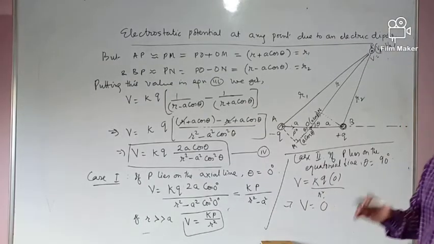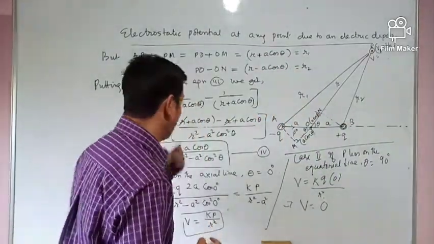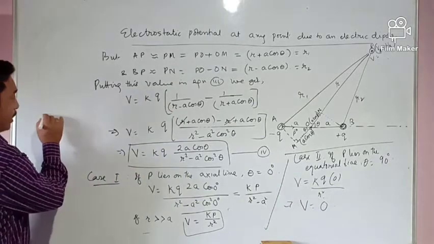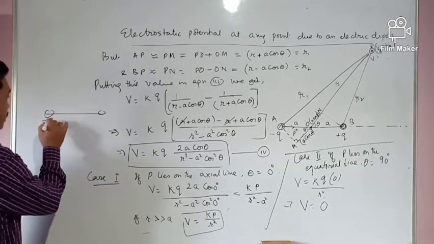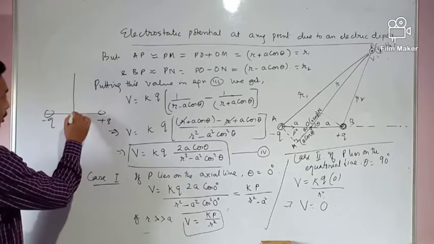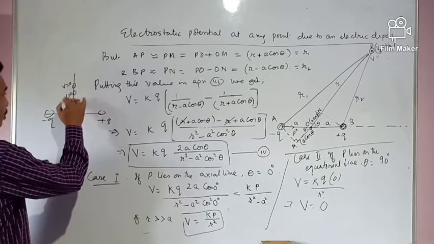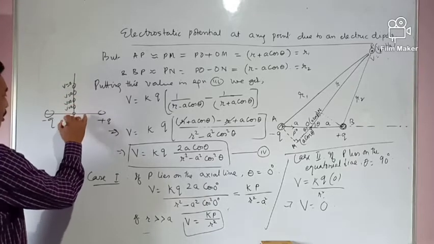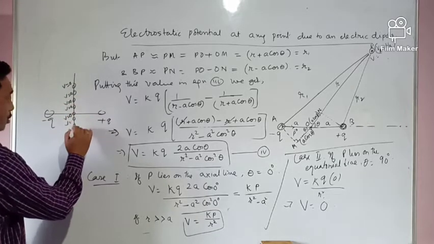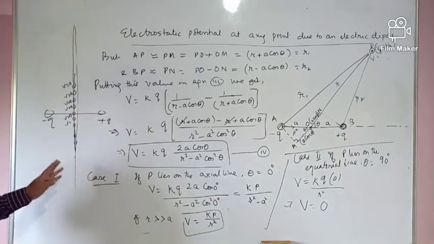That means whatever point is taken on the equatorial line of a dipole, if I take a dipole here with minus Q and plus Q, the electric potential at all points on the equatorial line will be V equals 0.